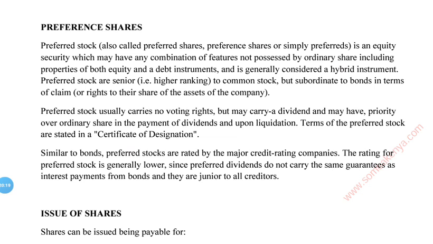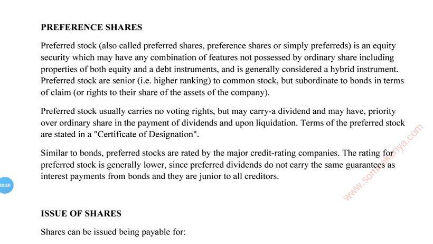So in simple terms, what we are saying is that a company will have two types of shares: the ordinary shares and the preference shares. Preference shares have a guaranteed rate of dividends, while for the ordinary shares, the dividend is not guaranteed, it is not fixed.